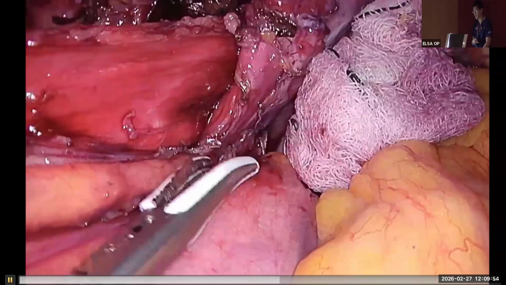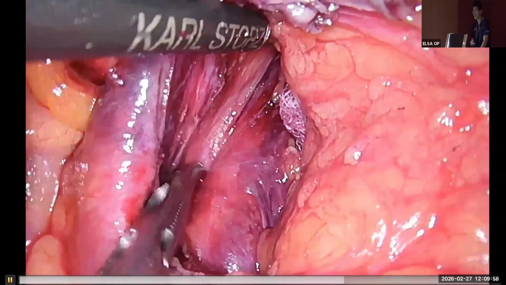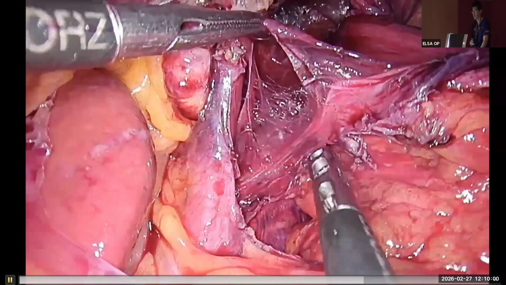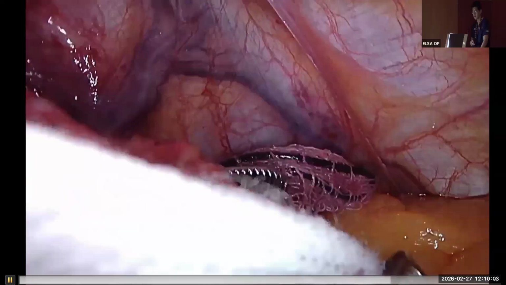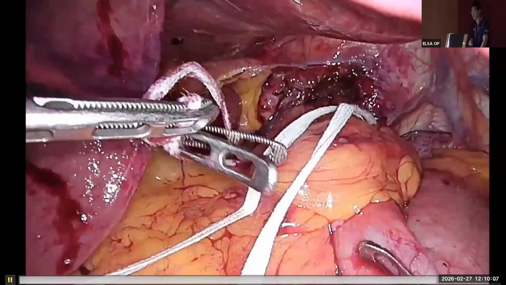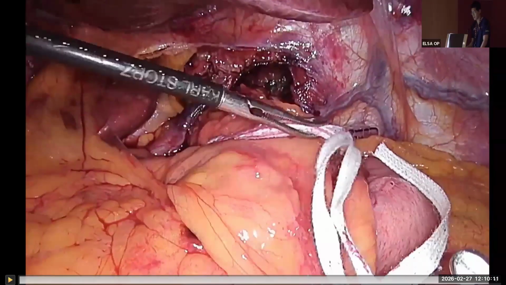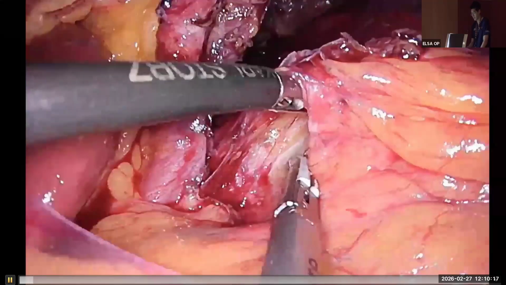Usually I leave a gauze there so that you can dissect safely without being too worried about injury to the spleen. So you can see the vagus nerve here, try not to damage. And then you can just put umbilical tape over the GE junction, and you can pass this to the assistant who will be able to retract it laterally so that you can get access to the hiatus.